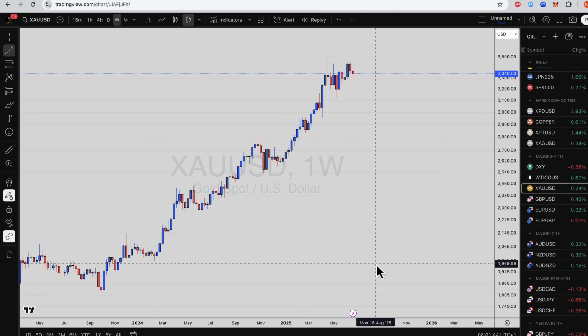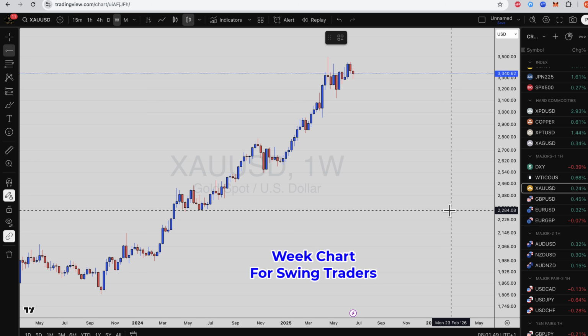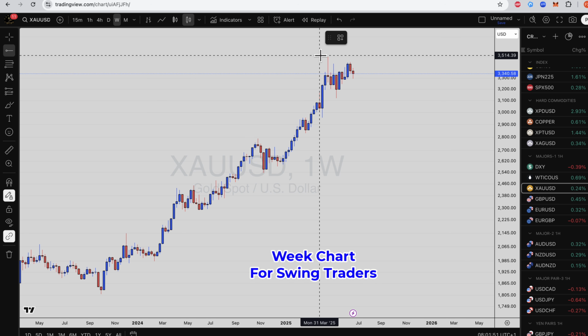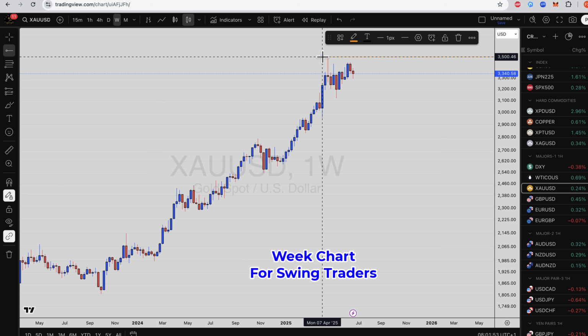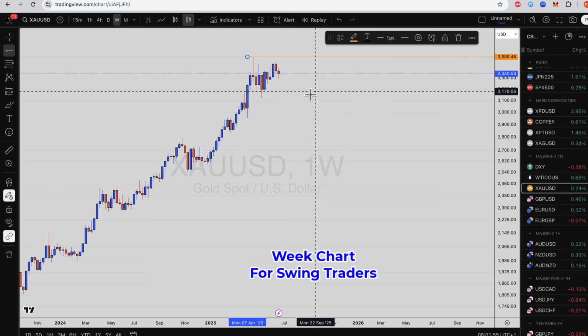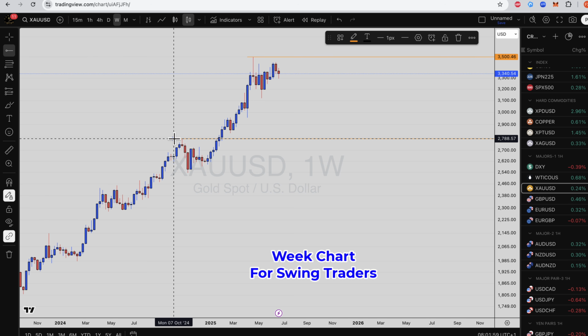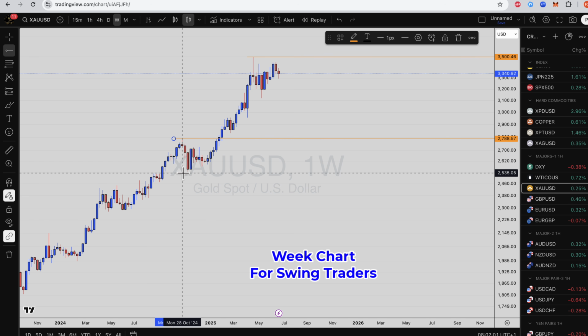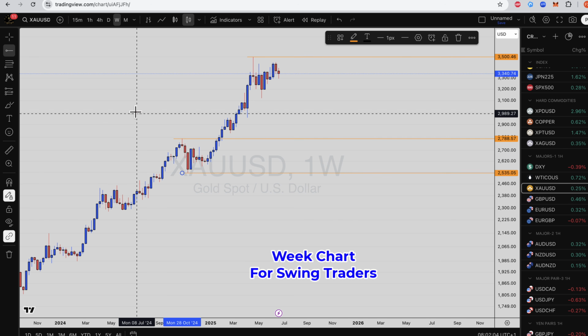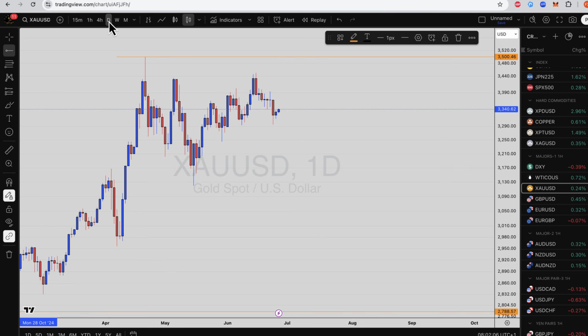So I switch my chart to the weekly chart, which is my primary key time frame of analysis as a swing trader. And I mark the peak of the market, and I mark a series of highs all the way down. I mark lows, and I move to the day chart.